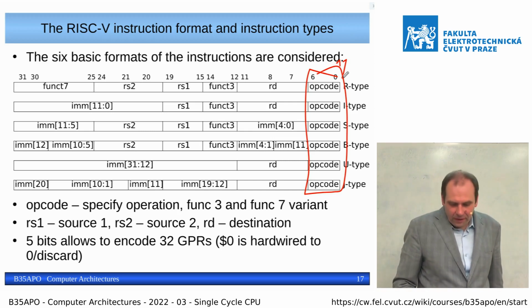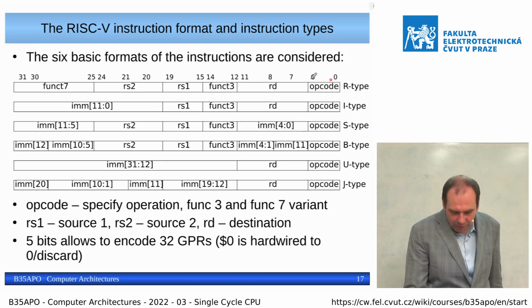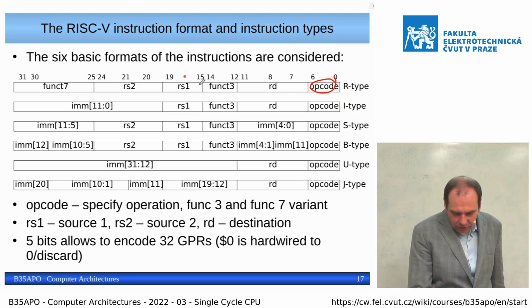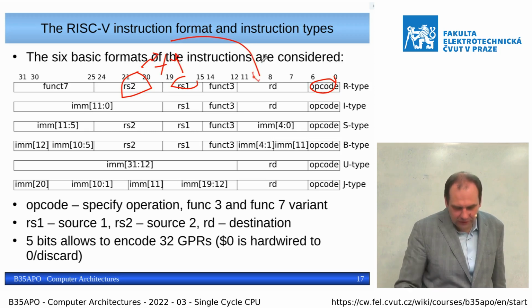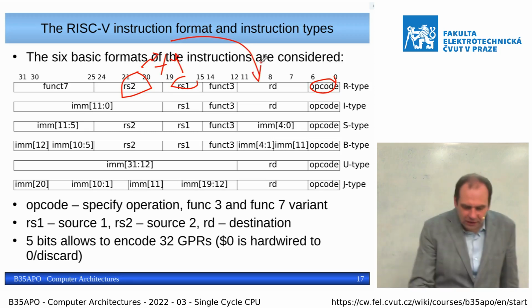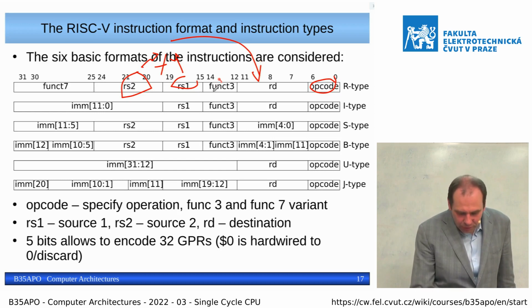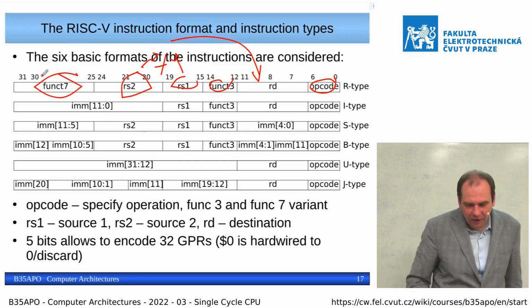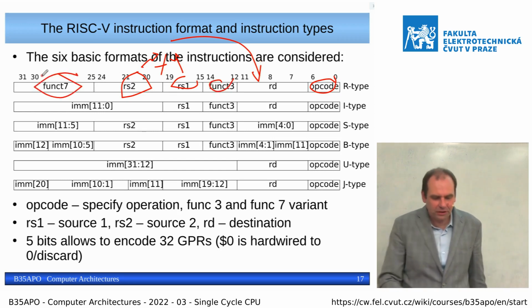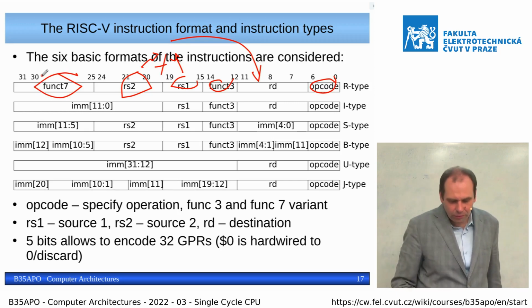And we have operations which really want to work with all 3 registers. So it has some opcode, one source, second source, they add them together, for example, and put the result to the destination register. And because we have some unused fields, the actual function, that it is addition, subtraction, and so on, can fit into those values.